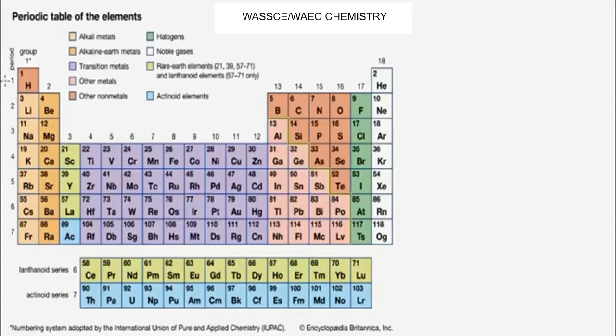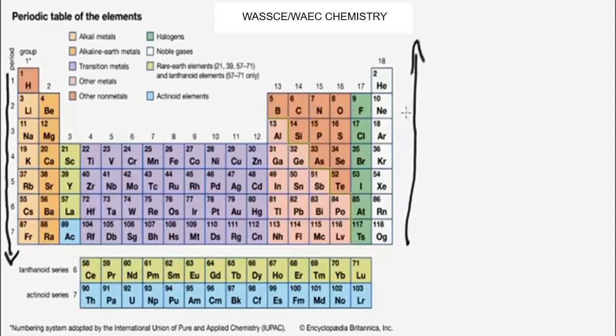Elements in group 1 are considered the most reactive metals because they have one electron on the outermost shell. Whereas for non-metals, their reactivity increases as you go up the group.